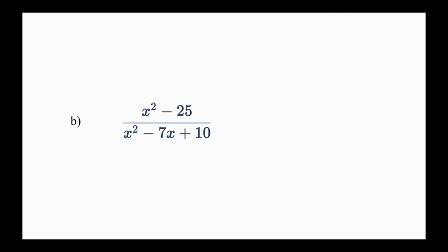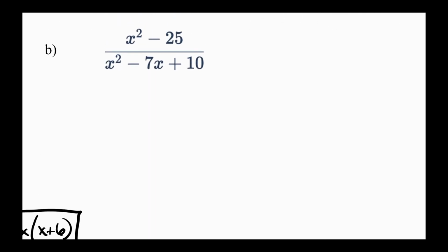All right, let's look at letter B. The bottom is a trinomial. So do that right now. What is the trinomial going to be on the bottom? Are some of you getting good that you can do it in your head? You don't have to do ABC. If you can, do it. If you need to do ABC, do it. But you'll get good enough, trust me. We'll do this enough where you can do ABC in your head.